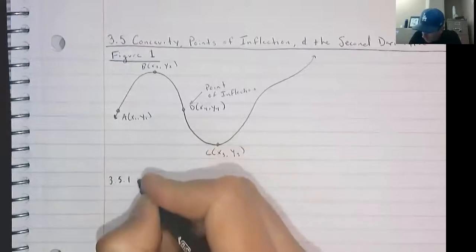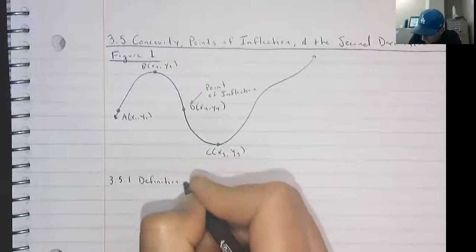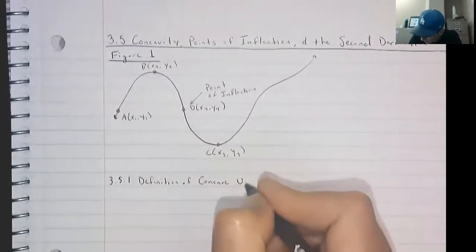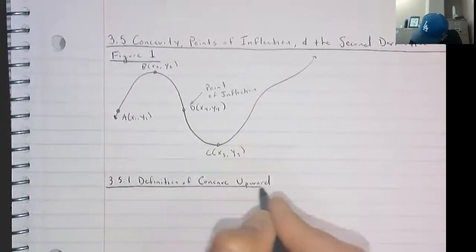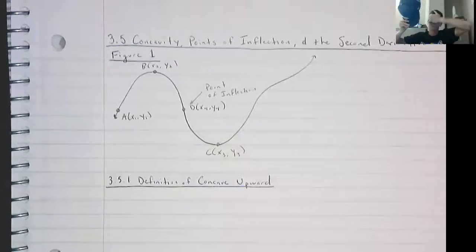Okay, so starting with concave up and down, which we sort of just touched upon, this is 3.5.1, the definition of concave upward. They're going to give a very heavy-handed explanation of this, and we're going to write it down because we're good little calculus students.